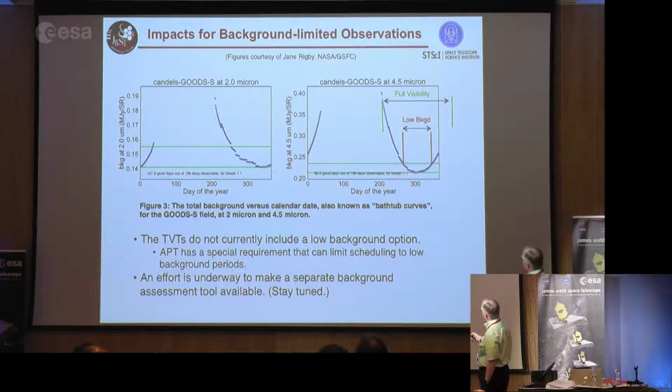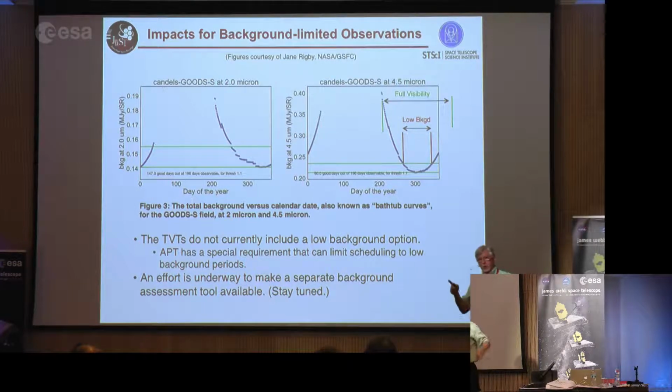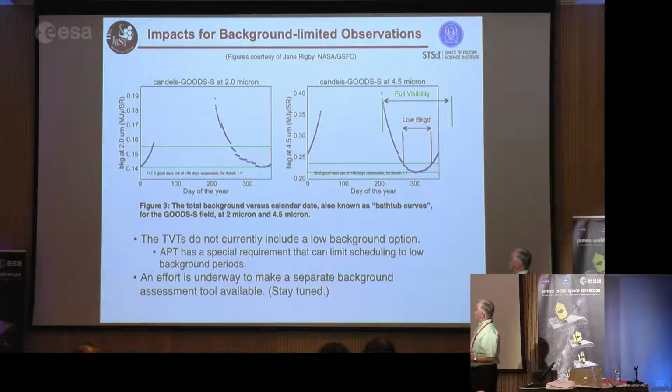If you wanted to restrict yourself to maybe just 10% above the minimum background you could get, you would have a much more restrictive visibility window in the middle of that range. So if you're particularly interested in backgrounds, hopefully we'll get this tool online that would allow you to assess how much you'd need to take the output from the target visibility tool and maybe shrink that in a little bit to make sure that you have the low background that is needed. Okay, so that's still TBD. That's hopefully coming along.